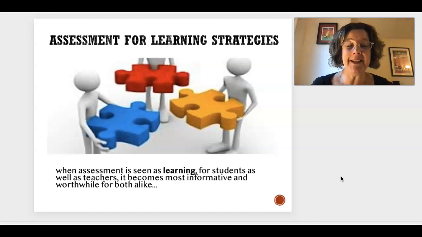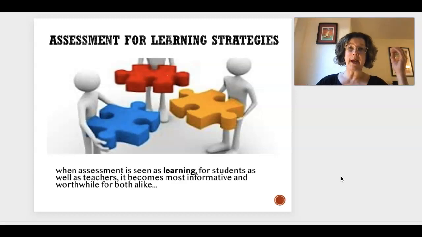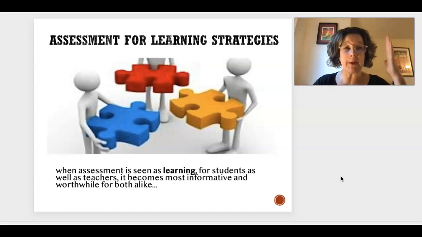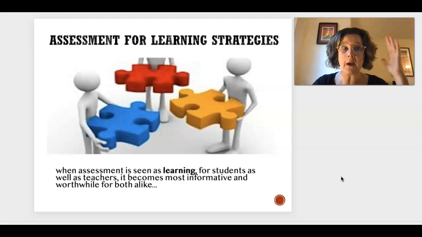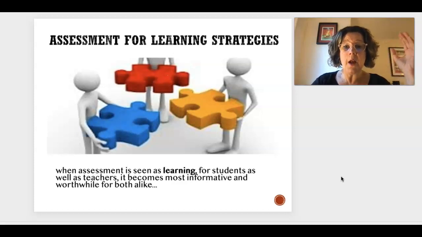When assessment is seen as learning for students as well as teachers, it becomes most informative and worthwhile for both alike. I want to preface that assessment is not always just about that unit test or those marks that go on the report card. That's actually a very small part of assessment in school.